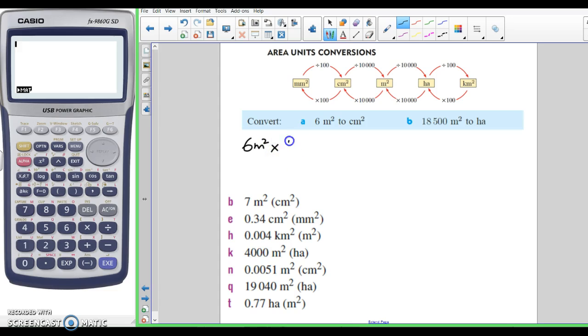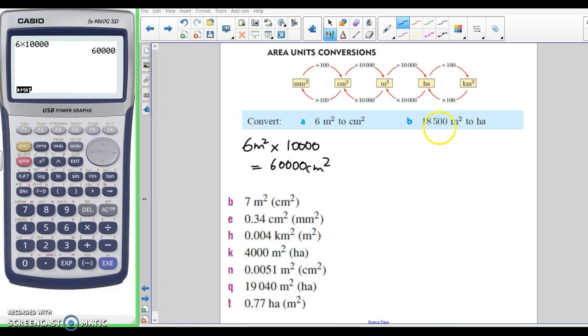I'll multiply that by 10,000, which then gives me an answer of 60,000 centimeters squared. We'll just check that on the calculator. Six times 10,000 gets you 60,000 centimeters squared.